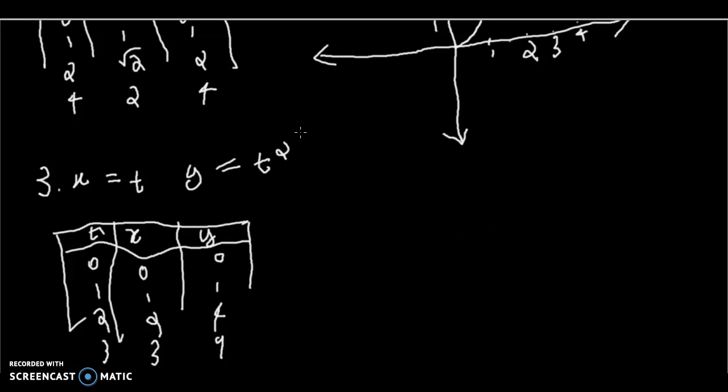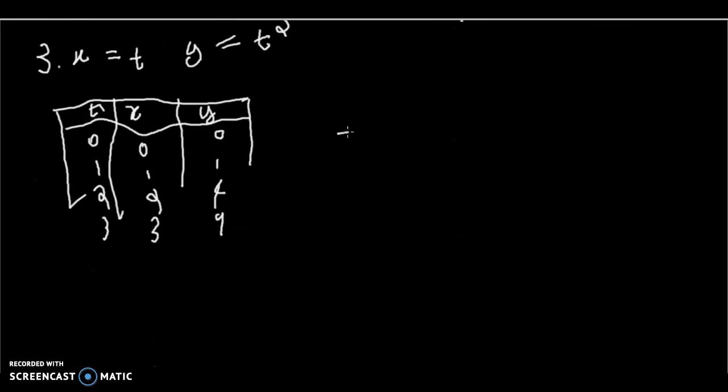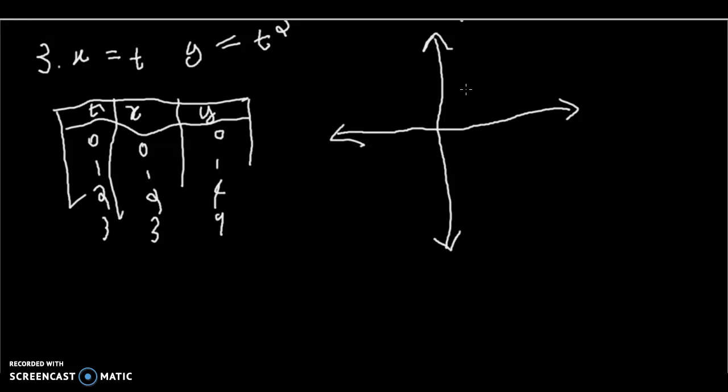So we can easily draw this. The pair is 0, 0. Next 1, 1. Suppose this is 1, this is 2.